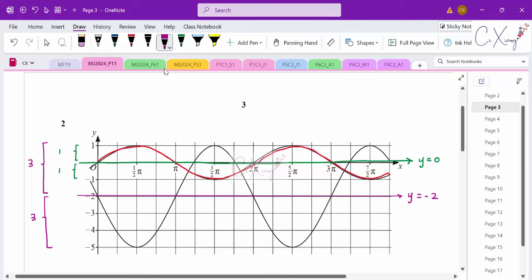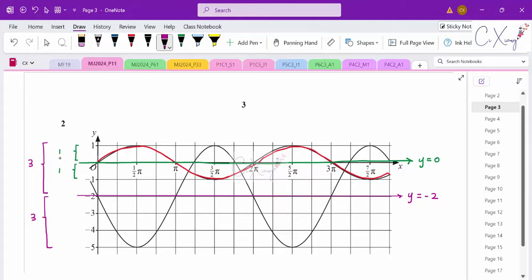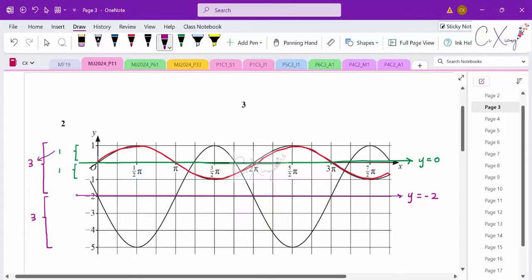So that means there's a stretch in the y direction, because originally the total height of the whole graph is 2 units, and now the total height is 6 units. So 1 becomes 3. It is a stretch in the y direction with a stretch factor of 3.